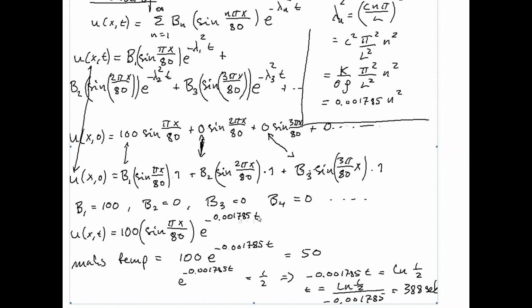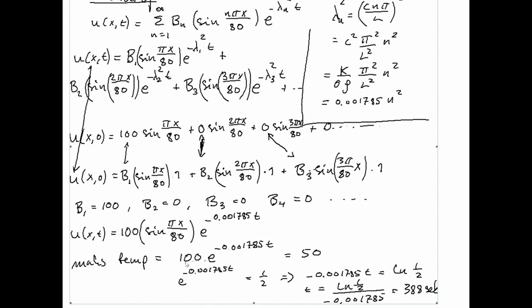So in this case it's rather simple to find the maximum temperature. The maximum temperature is given when this sine is equal to 1, in the middle of the rod.